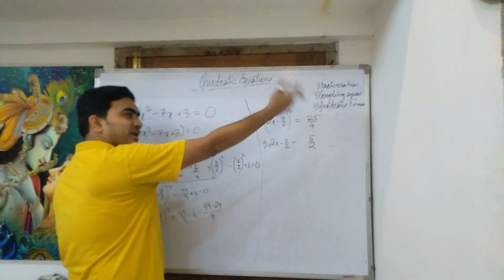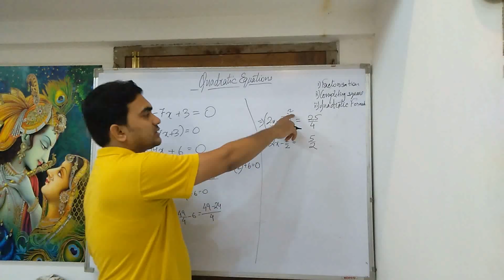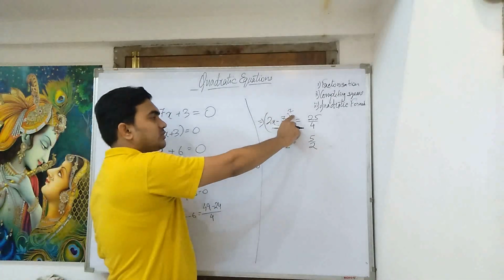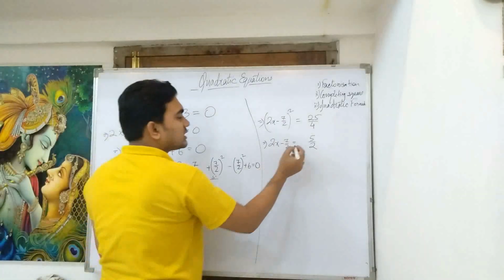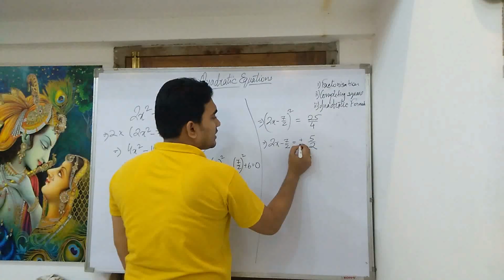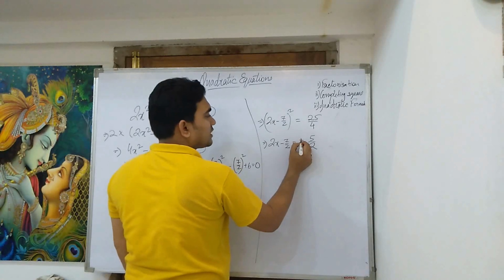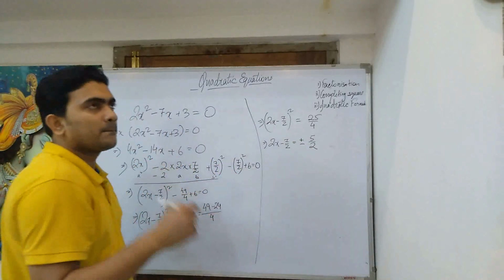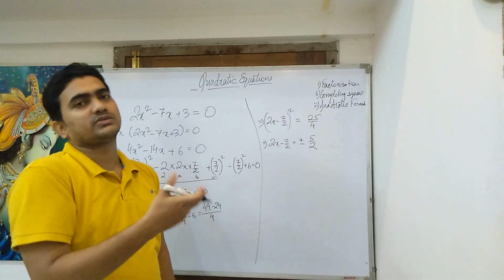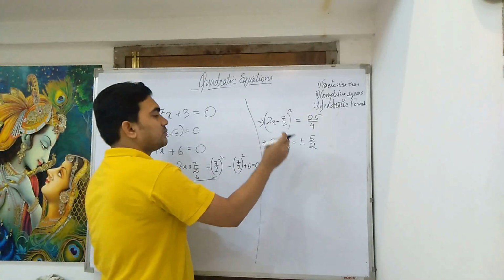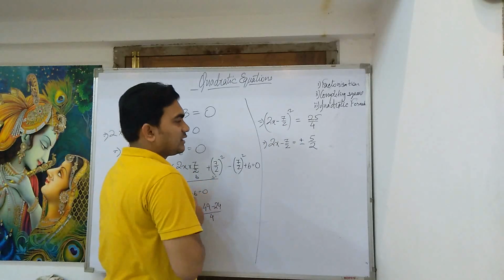While taking the square root, if we shift the square from one side of the equation to the other side, it becomes a square root. While taking the square root, we must note that there are two possible values, one plus, one minus, because the square of x is x squared, and the square of minus x is also x squared. So we have to take both the positive and negative values.